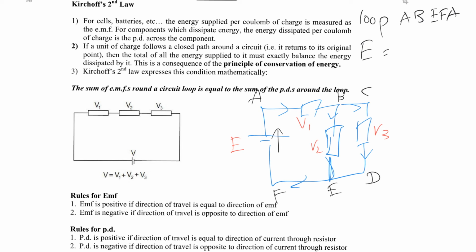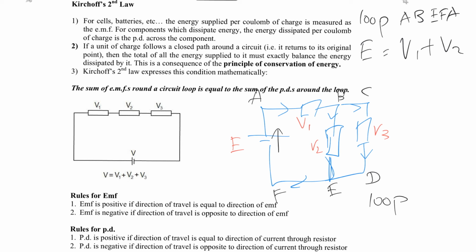Same direction, so the PD is positive. So it's positive V1. And if I travel down here, the current through this resistor is also down, so it's a positive PD. So it's plus V2.